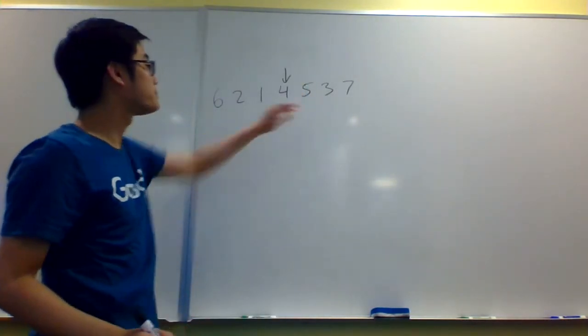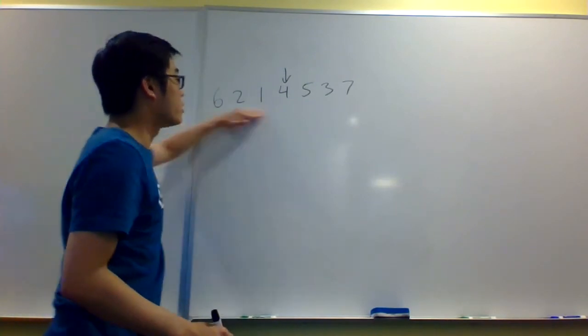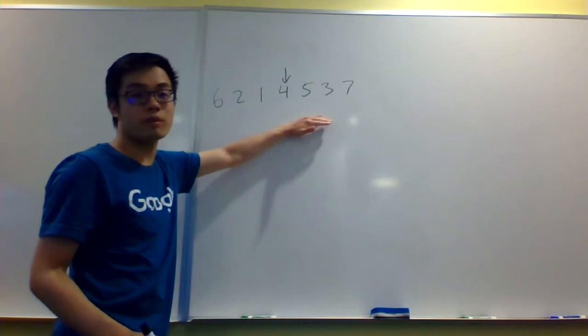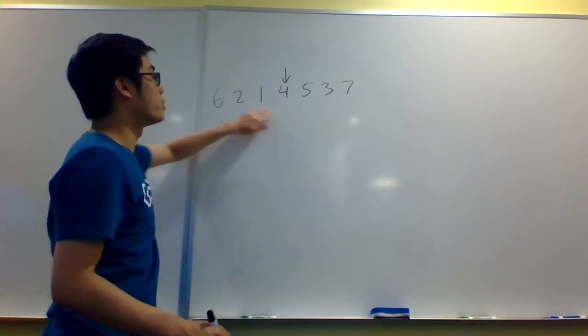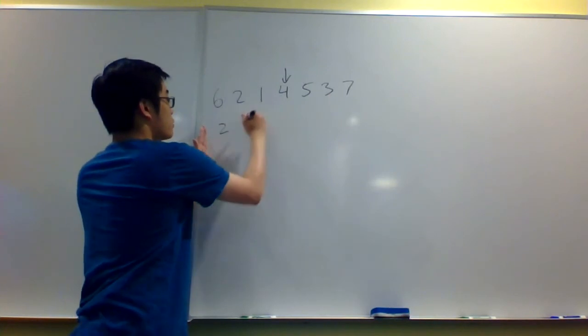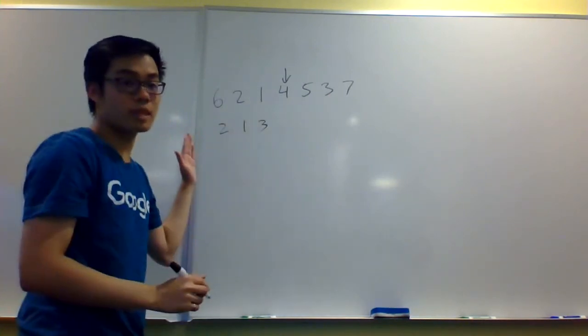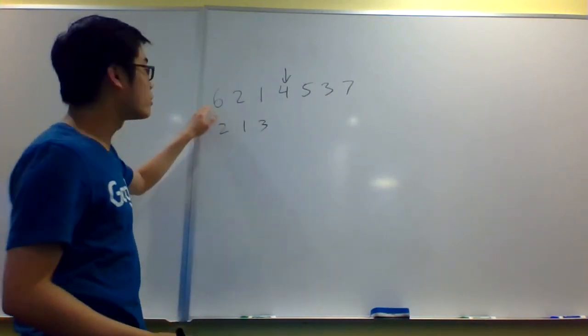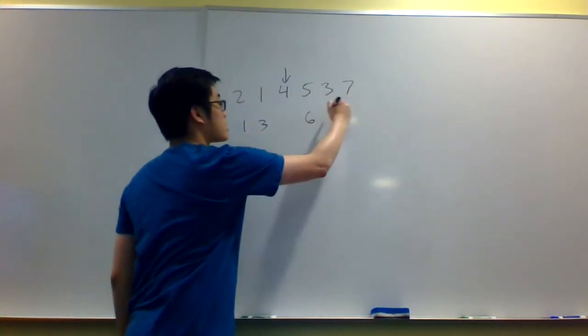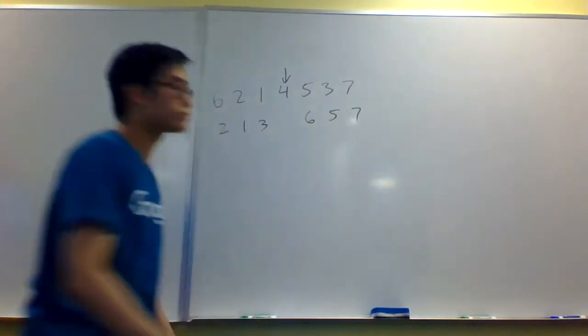It's going to be in the middle. And we're going to look at all these elements and see which ones are less than 4 and which ones are greater than 4, right? So the ones that are less are 2, 1, 3, and they'll go on the left of 4, right? Then the elements that are greater than 4, 6, 5, 7, right? So they go to the right, 6, 5, 7.